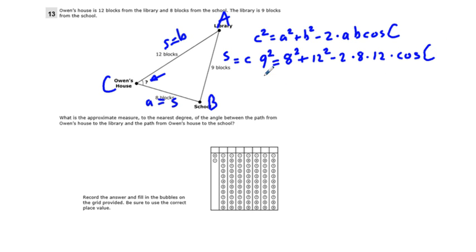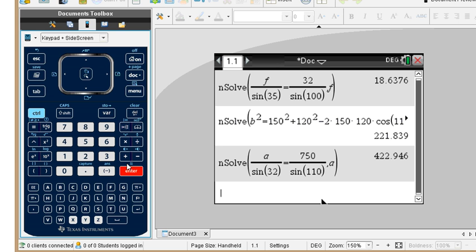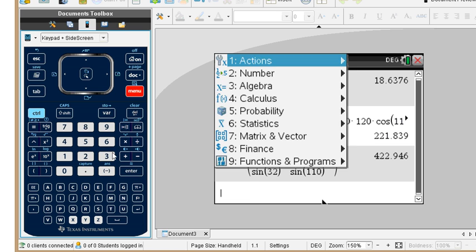So we have some algebra ahead of us unless we use something like numerical solve, which I'm going to go to right now. Going to it, we have menu 3-1.